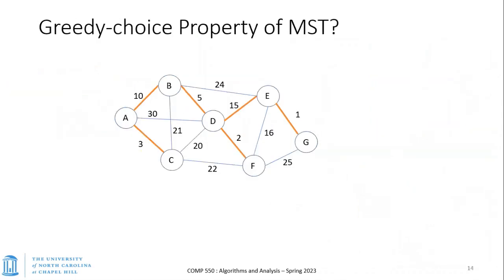Now the next thing, similar but different, is the greedy choice property. So what does the greedy choice indicate? We did go over the concept of a greedy choice, which basically says that we look for a local solution, and hopefully the locally optimal solution will also be globally optimal.